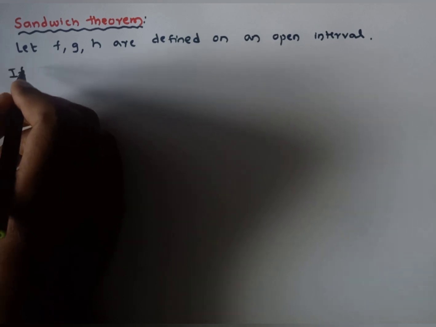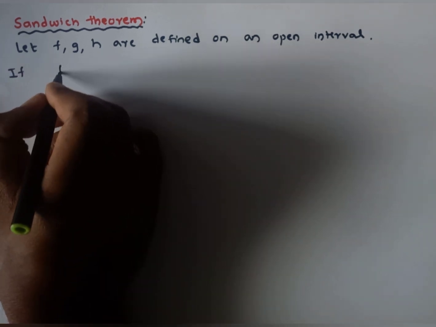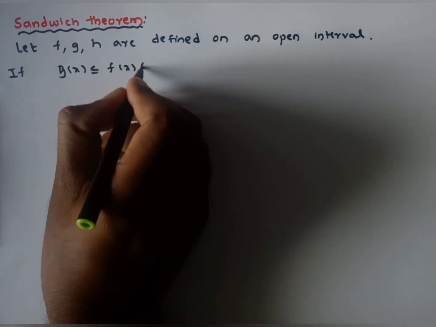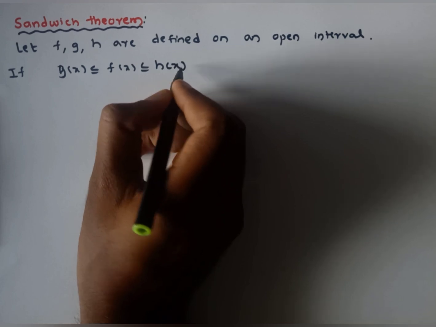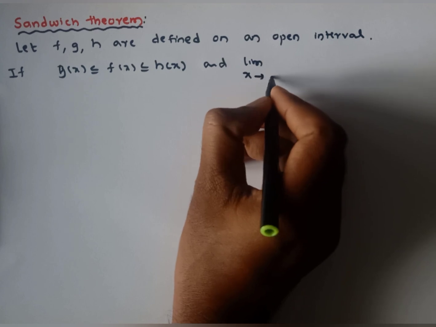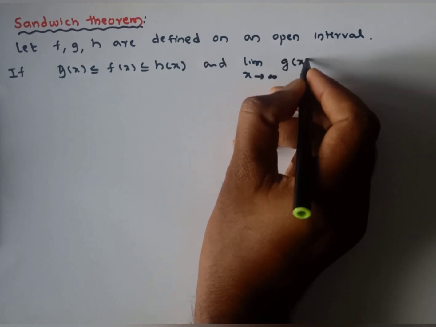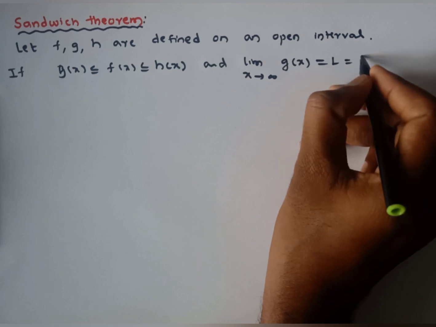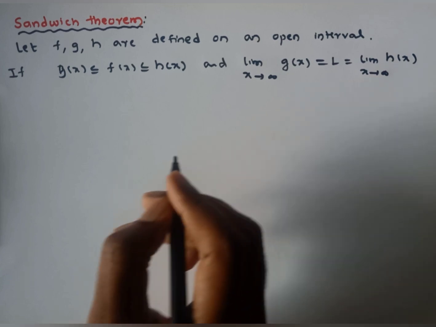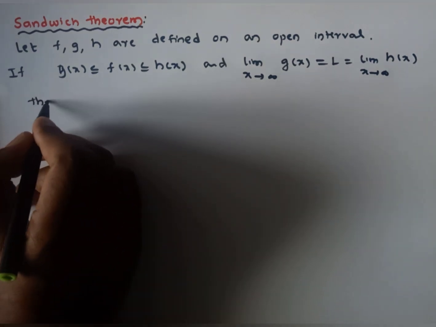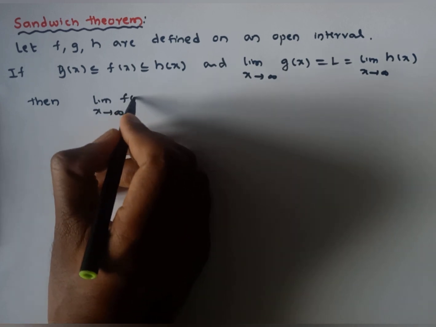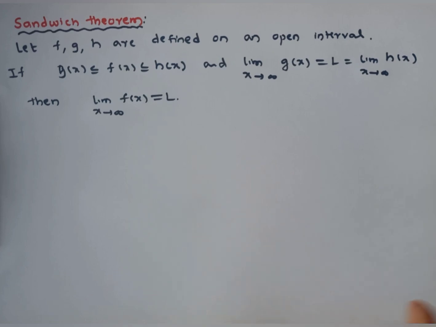If g of x is less than or equal to f of x, which is less than or equal to h of x, and limit x tends to infinity of g of x is L, and limit x tends to infinity of h of x is also L, then limit x tends to infinity of f of x is L.